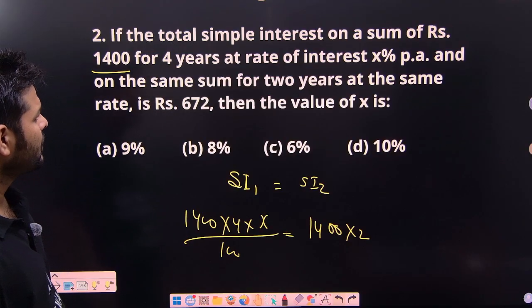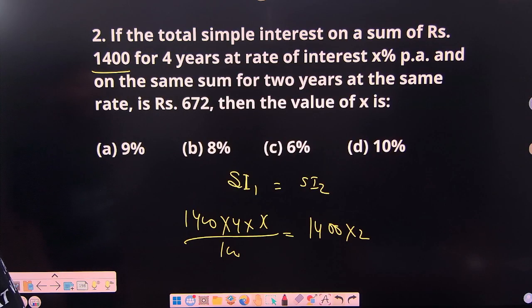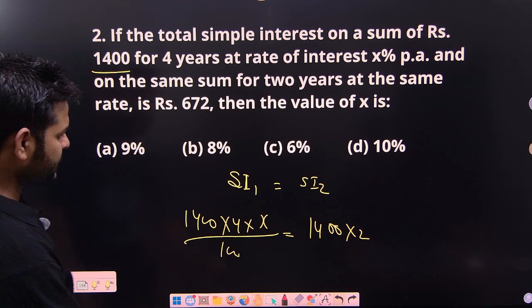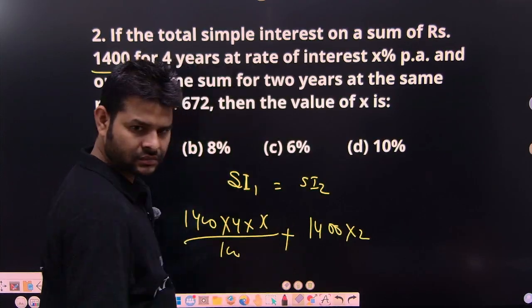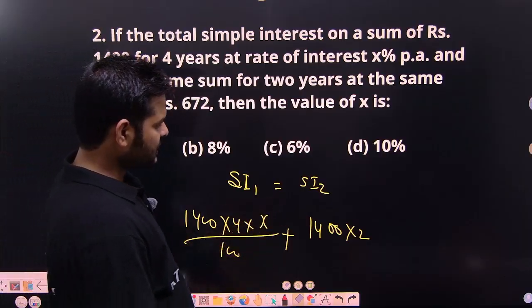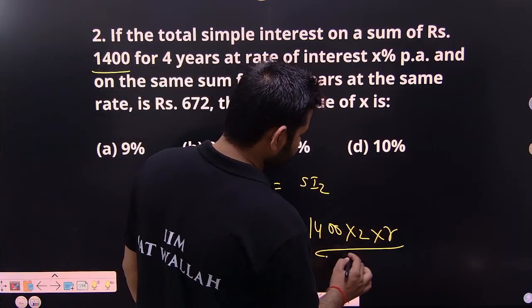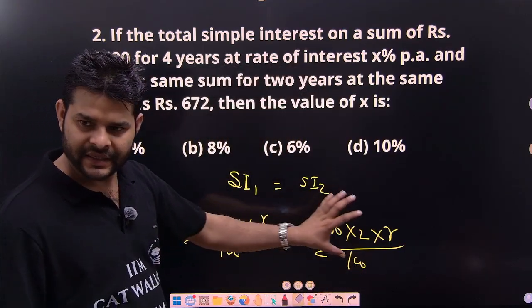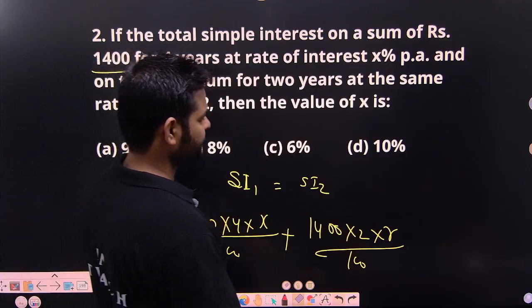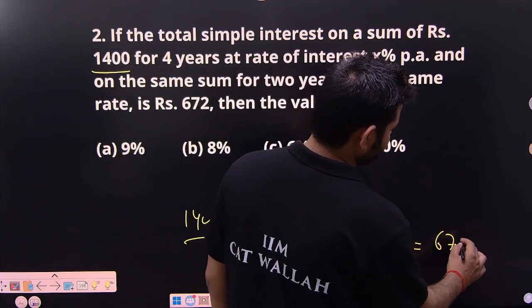Okay, rates are the same, so basically that would be plus. So for the same rate of interest, this SI and this SI, the total SI is 672.